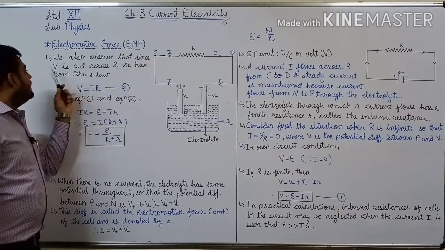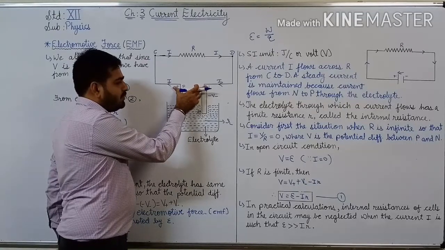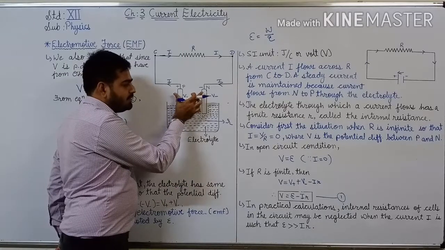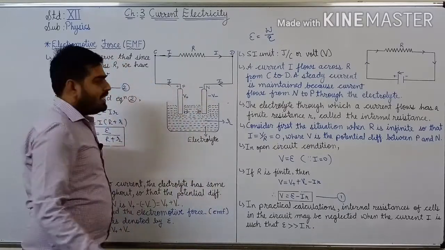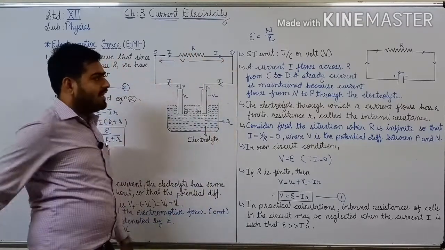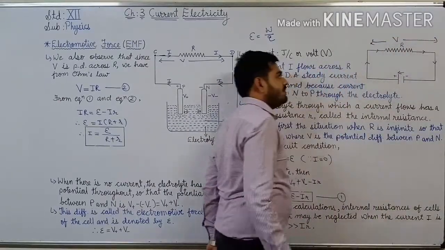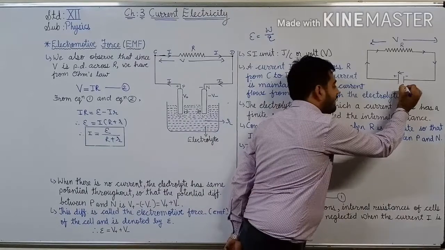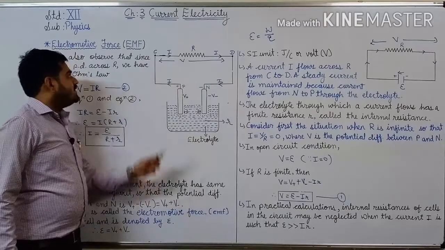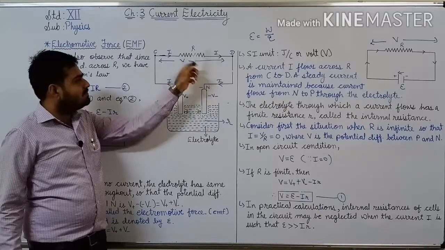We also observe that since V is potential difference across R, whatever is the potential difference between P and N, whatever is the potential difference between these two terminals of cell, same is the potential difference across two ends of resistance R, and this battery has EMF E. So potential difference across R is nothing but V is equal to IR.